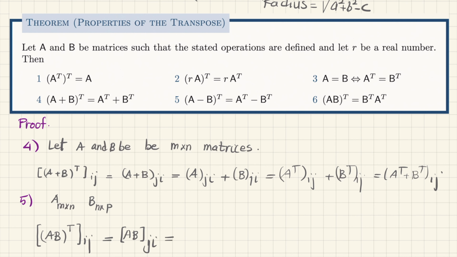But what can I write in front? How do you think I will continue to prove this theorem? Yes, we use the definition for the multiplication, which contains a sigma.